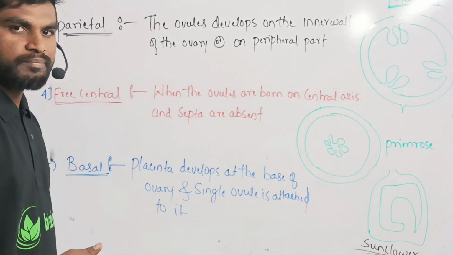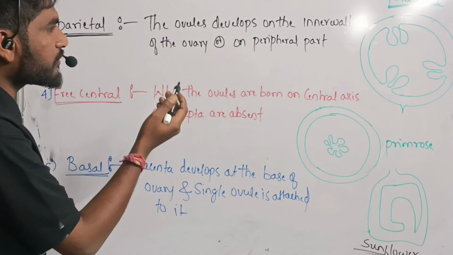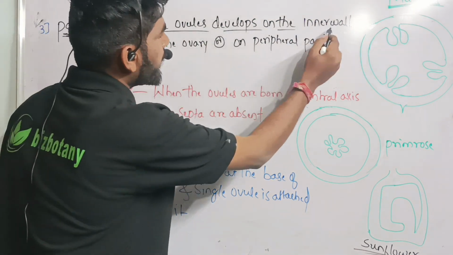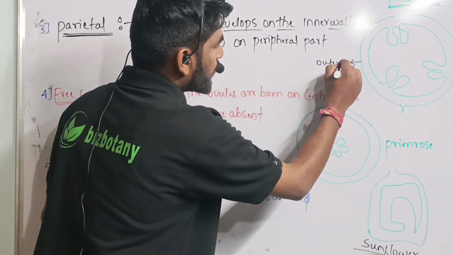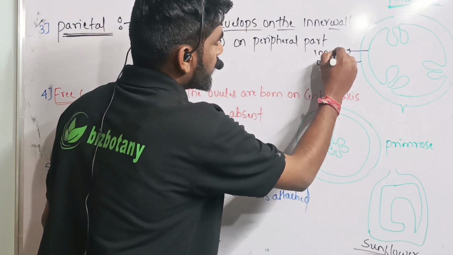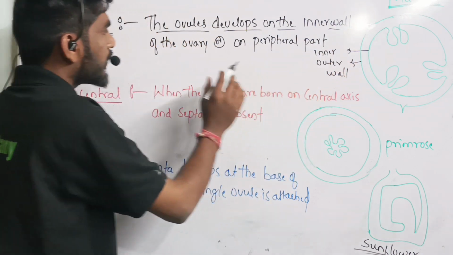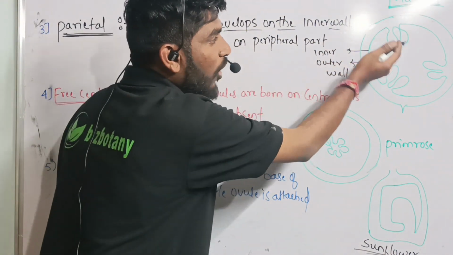The third type of placentation is parietal placentation. What happens in parietal placentation? The ovules are developed on the inner wall. Here this one is the outer wall, and this one we call the inner wall. The ovules are developing on the inner wall of the ovary or on the peripheral part. Periphery means the outer side.